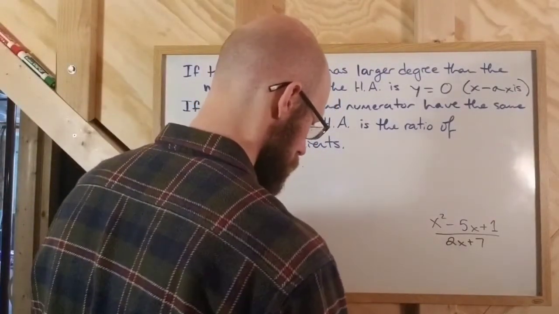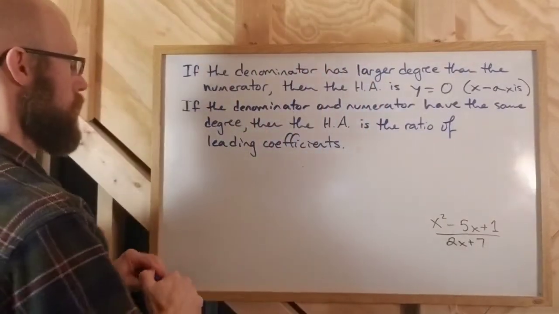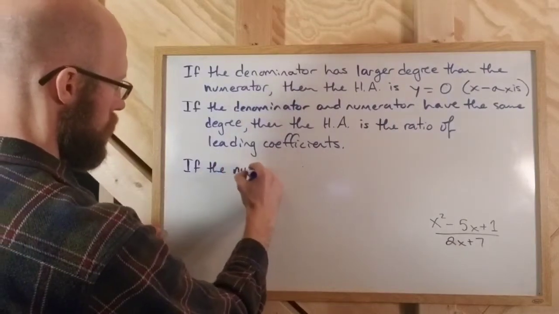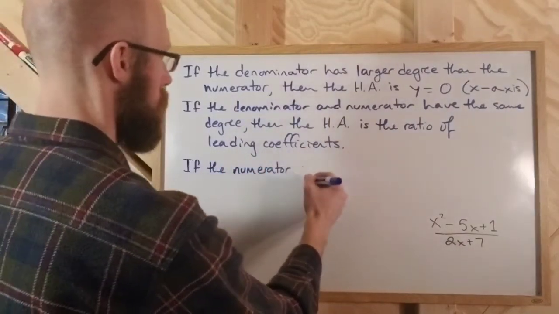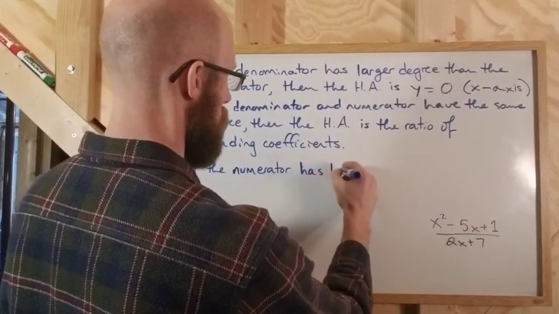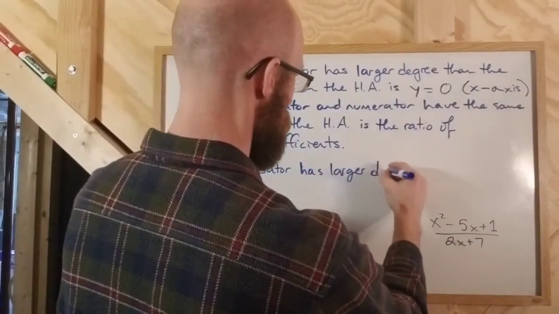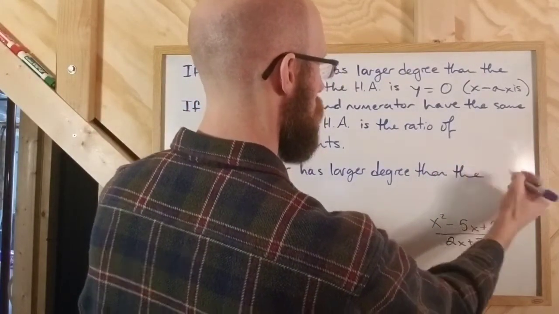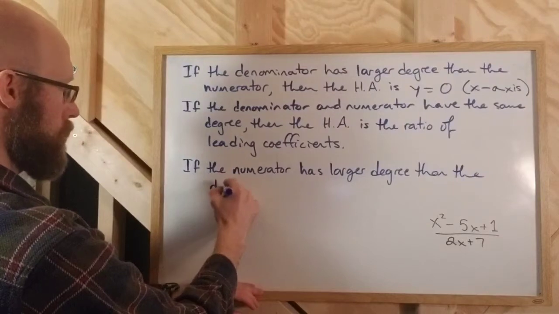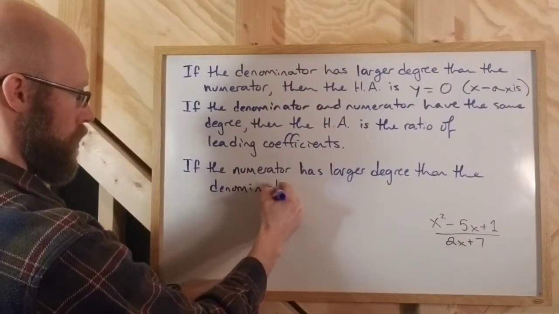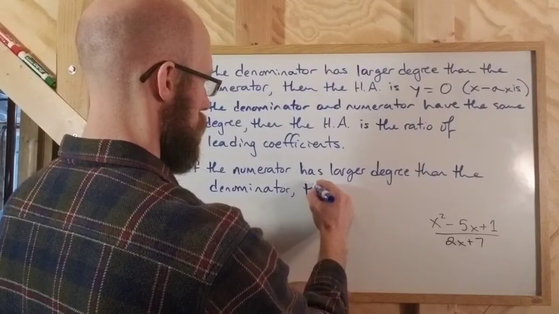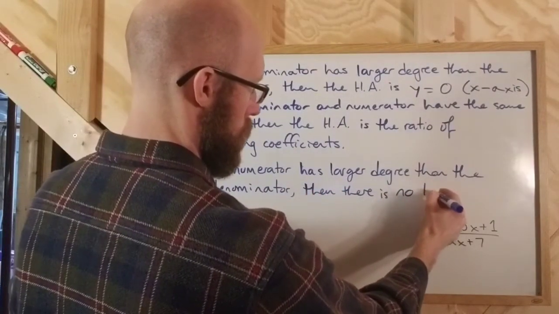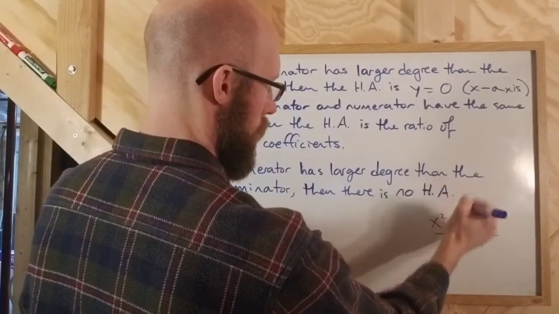So let me give a little summary. If the numerator has larger degree than the denominator, then there is no horizontal asymptote.